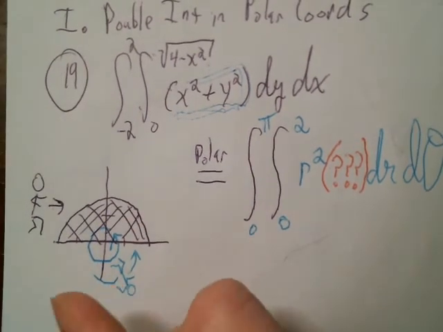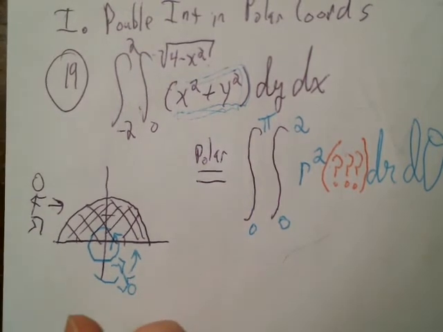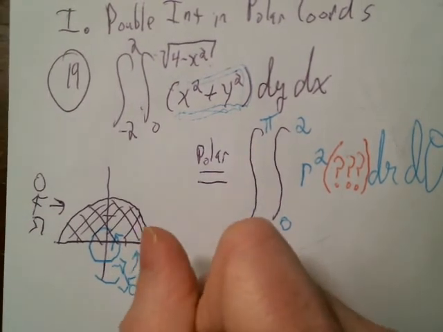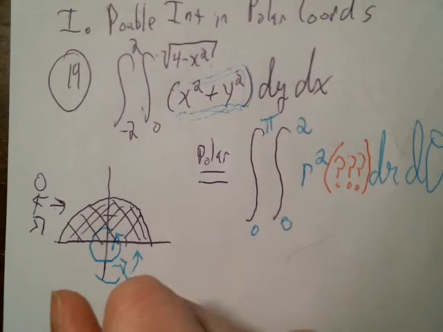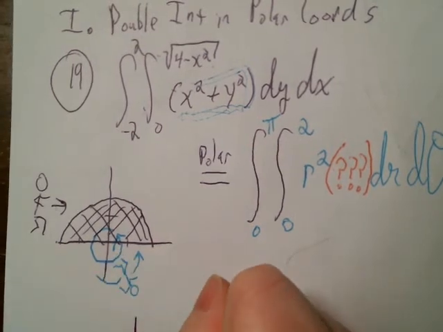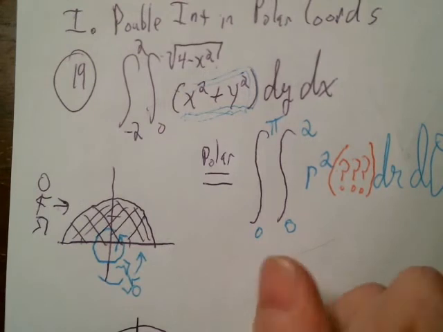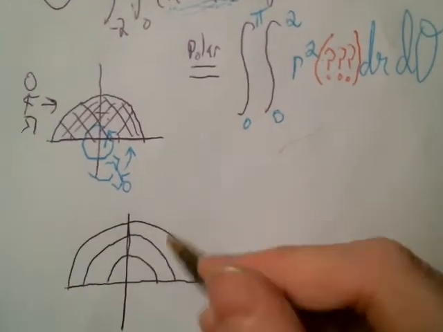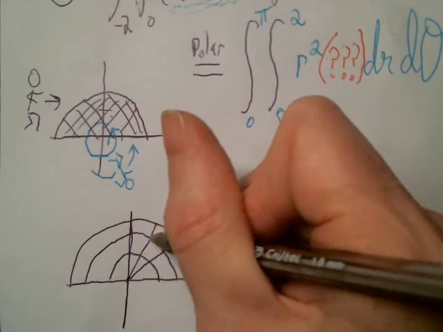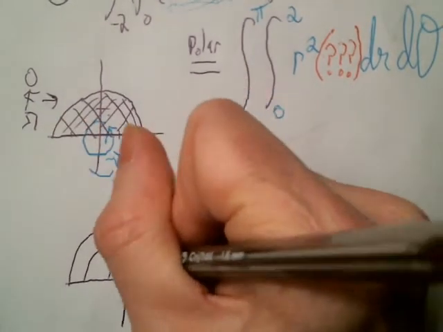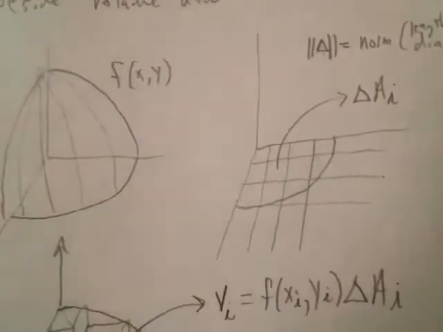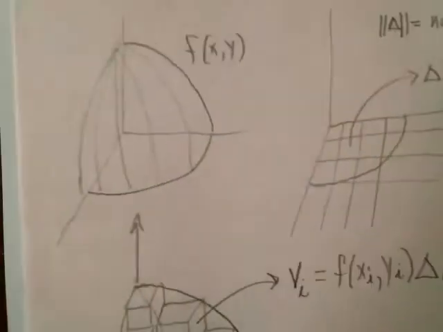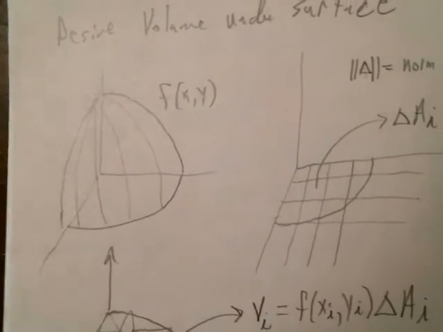So in the polar coordinate system, when you're integrating over top of these regions, I'm redrawing this region with the polar graph paper, hearkening back to 14.2 when we first developed the Riemann sum for volume.